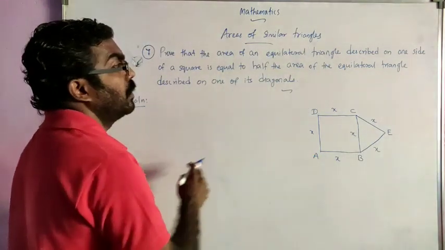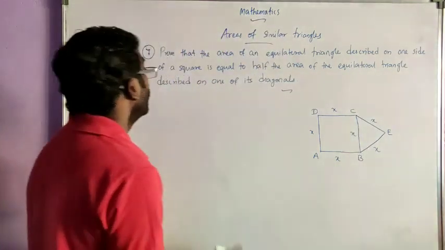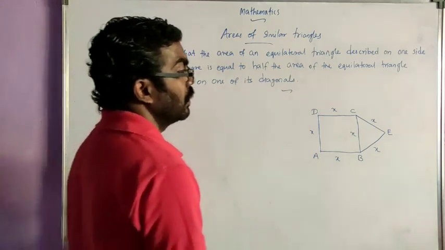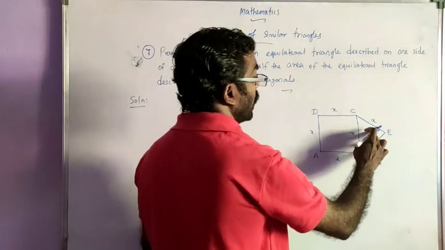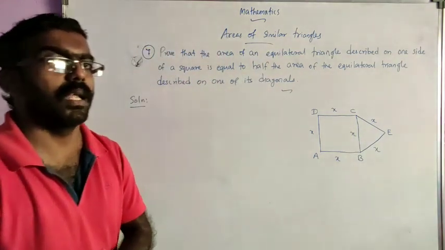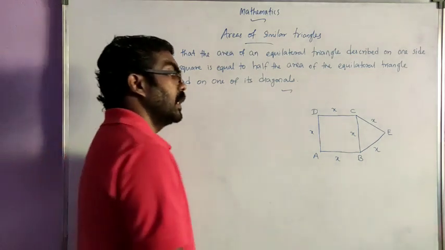Is equal to half the area of the equilateral triangle described on one of its diagonals. That means the area of triangle BCE will be half the area of the triangle described on one of its diagonals.